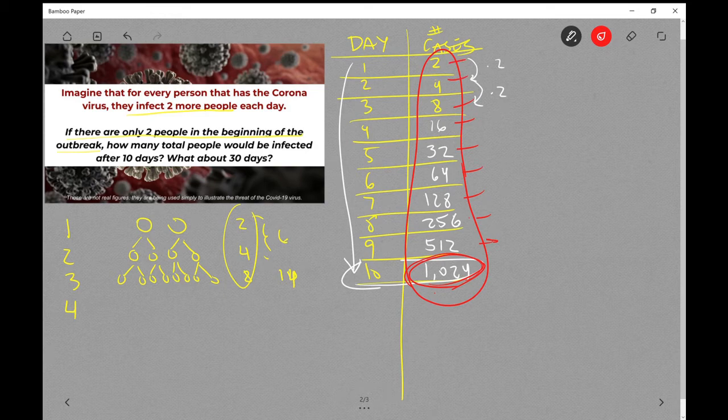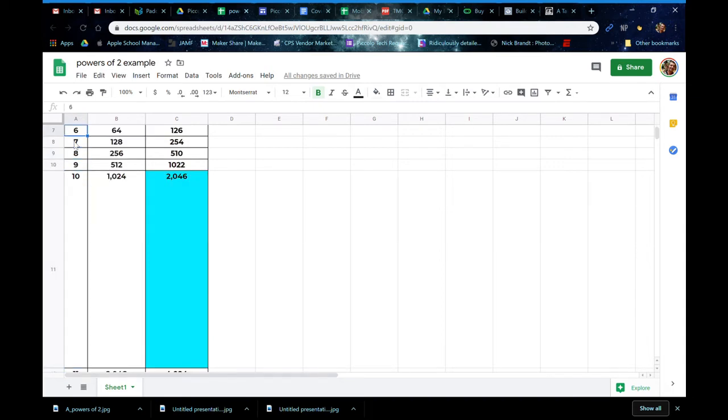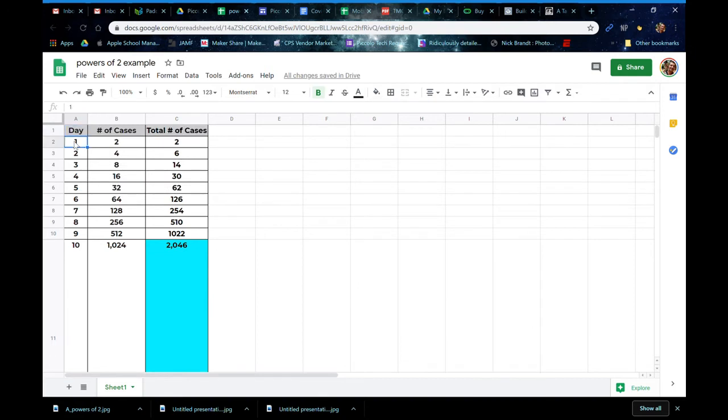Now, I have another screen here I'm going to show you. Okay, so here we are. This is a powers of 2 example. I recreated the table right here so it's nice and easy to read, and I also created a third column for total number of cases. This adds up everything that we have here.